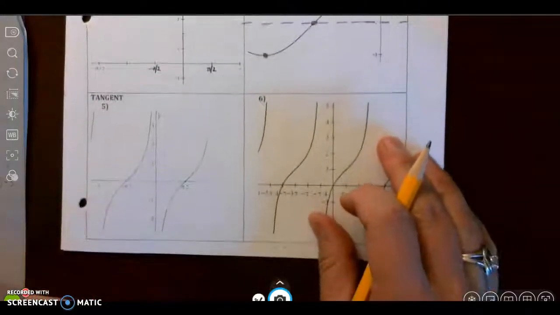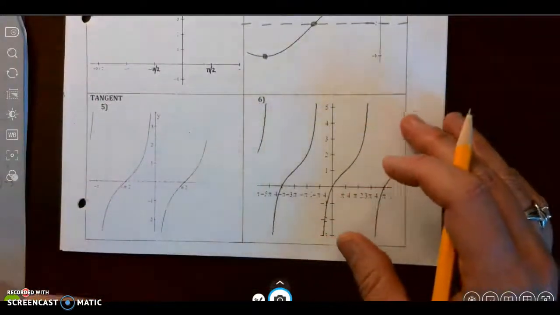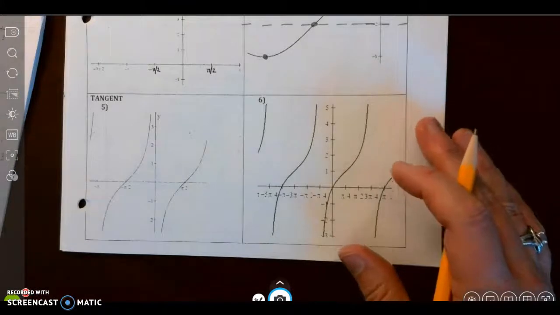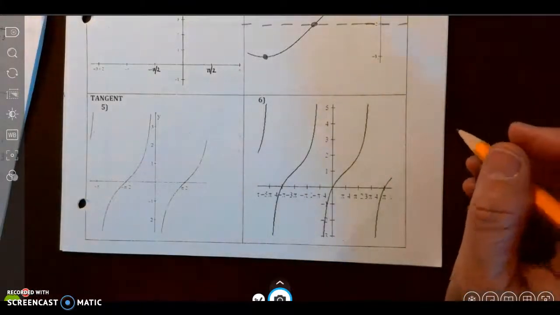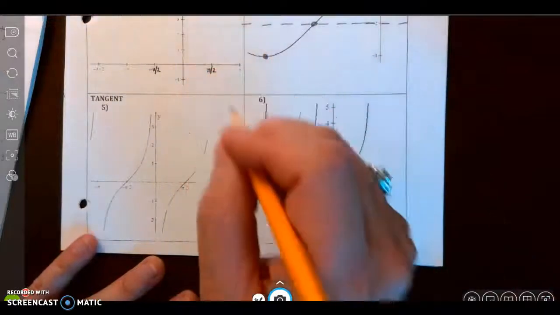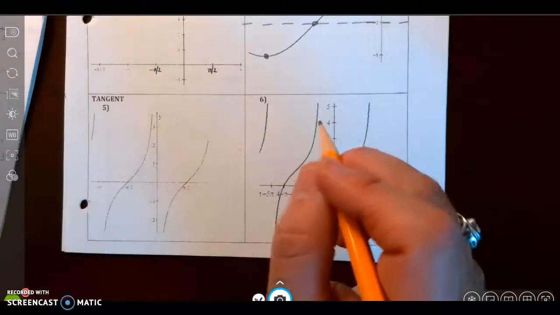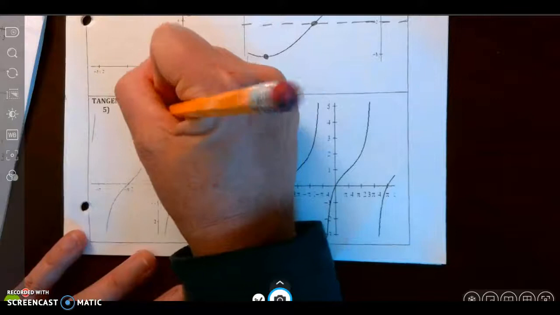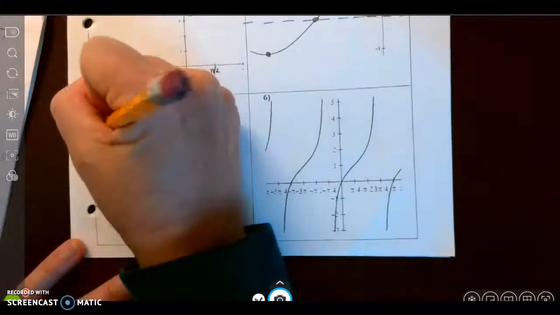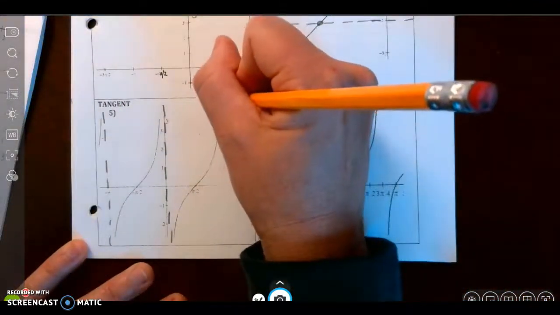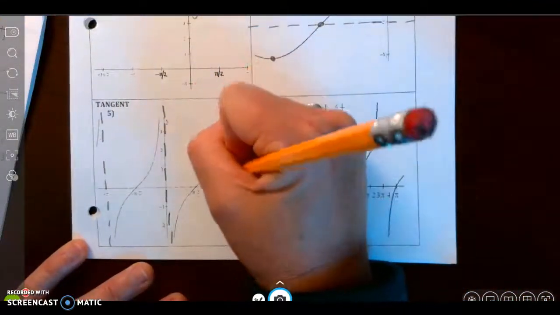Right. For tangent, what I need to look for is where did my asymptotes move, and does it look like my normal tangent graph has the asymptotes. So let's look for that first. I can tell that I have an asymptote here, and then again here, and then it looks like it would be again here.